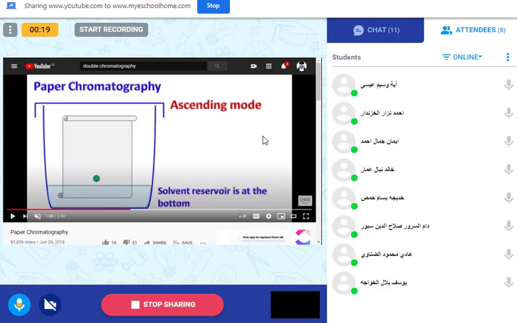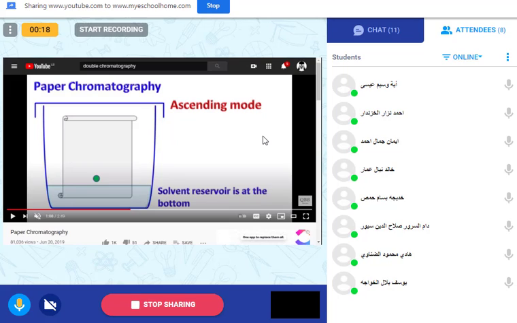Suppose the liquid is higher than the point. If I put the liquid higher than the point, the mixture of the amino acids will dissolve in the liquid and it will not go up in the paper.